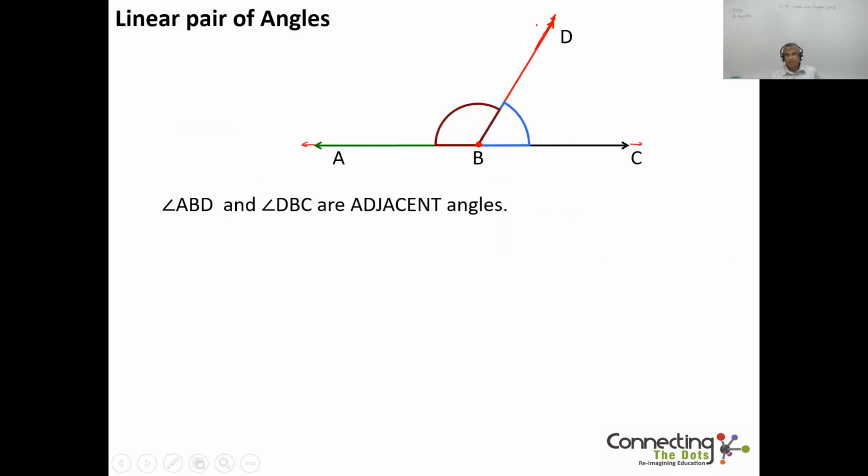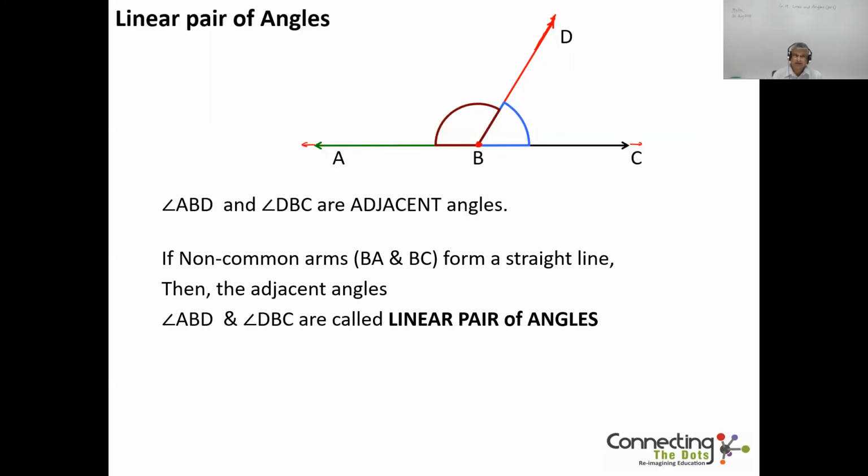So these angles are adjacent angles. And if these adjacent angles form a straight line, or the non-common arms form a straight line, then the adjacent angles are called linear pair of angles.